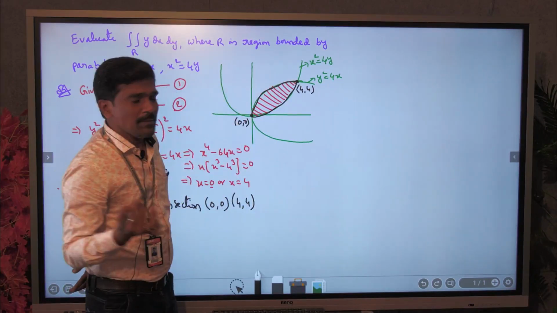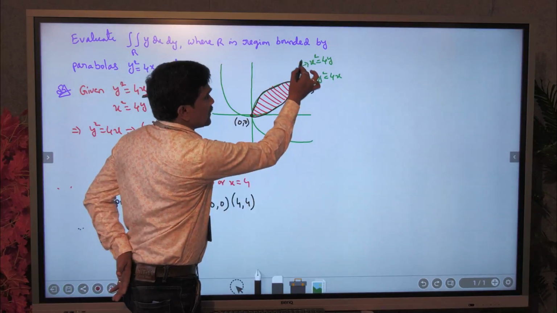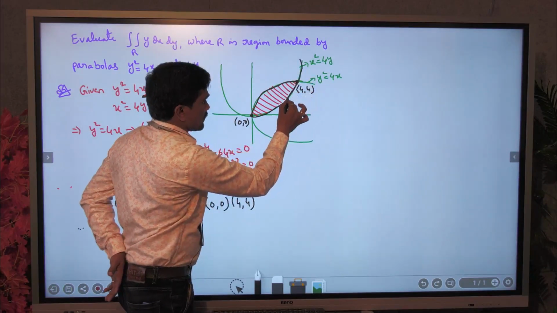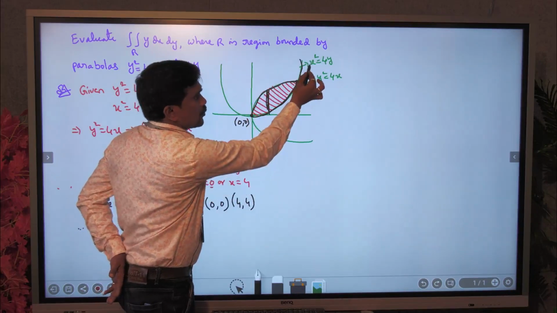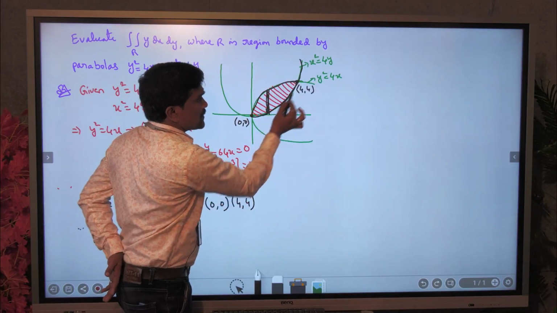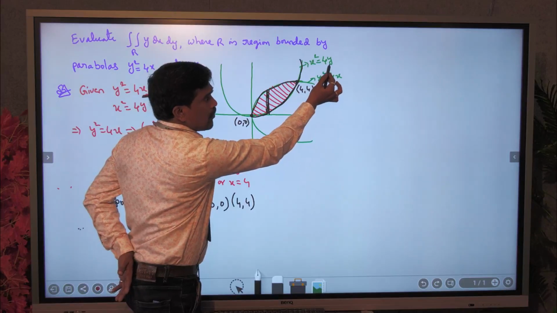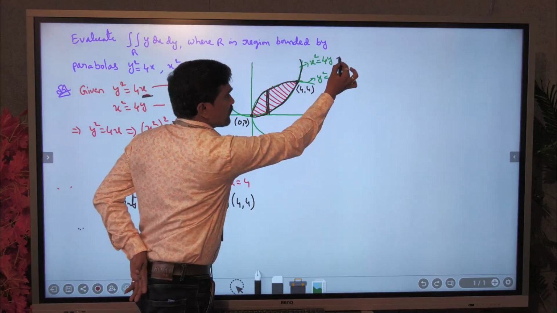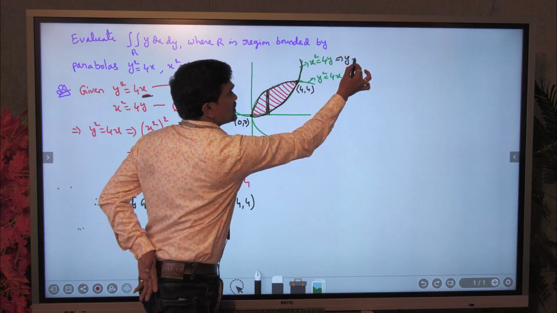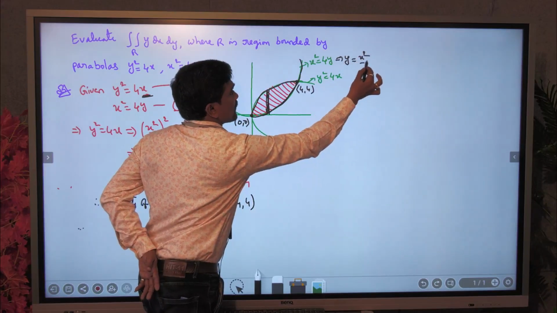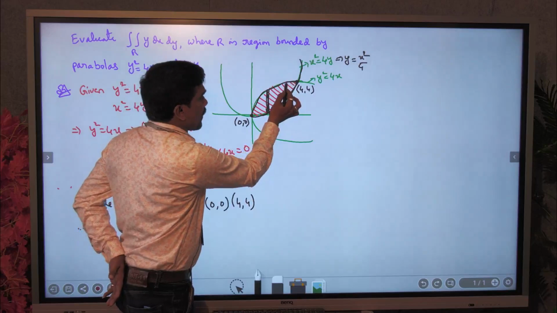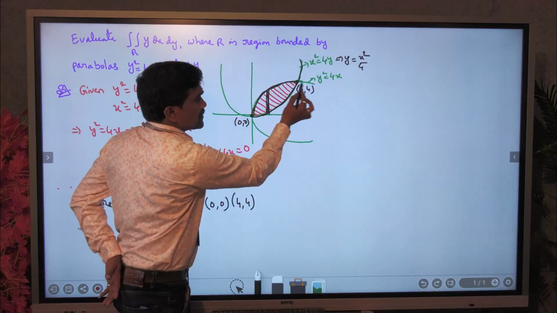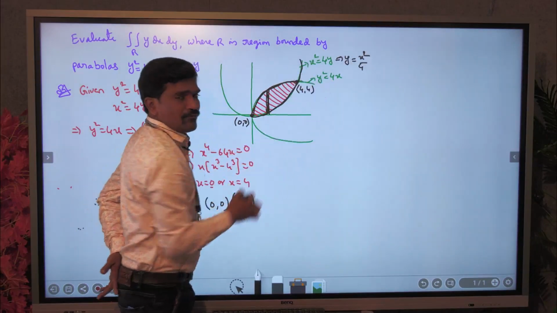To get y limits, this is the lower curve, right? So what is the lower curve here? x square is equal to 4y. So from this write y is equal to x square by 4, right? Now this is the upper curve, y square is equal to 4x.